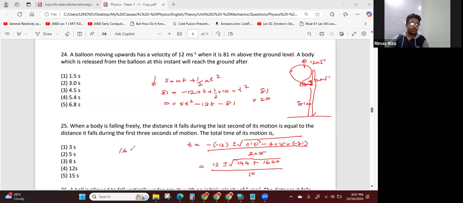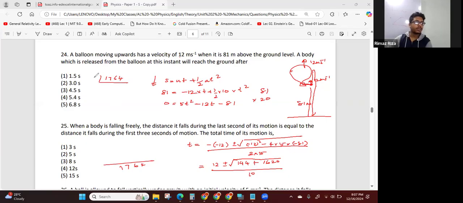So 1620 plus 144 is 1764. 1764 is a square number, so we want the square root of 1764.